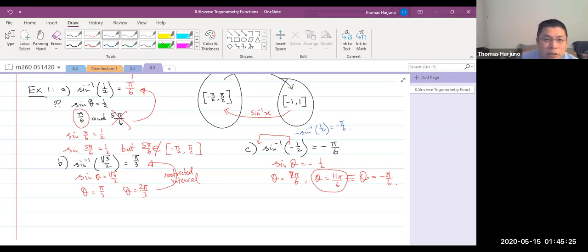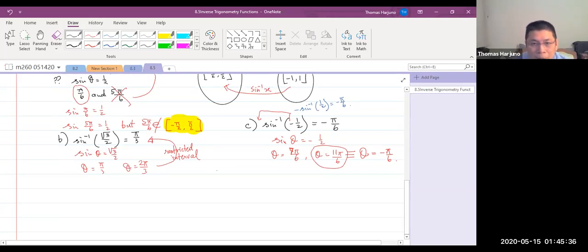They chose this restricted interval so they can benefit from that odd function. Suppose I have sine inverse of negative radical 3 over 2. That will be negative sine inverse of radical 3 over 2, which is negative pi over 3.